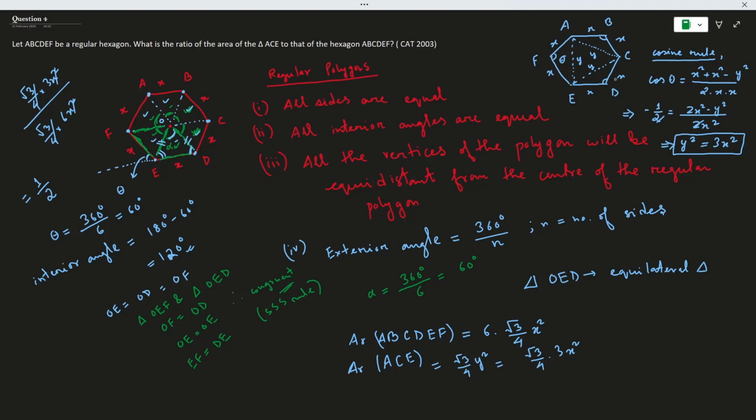Otherwise, if you have the concept or knowledge of regular polygons and equilateral triangles, you could have solved this question in under 60 seconds, I would say. Okay, now let's move to the next question.